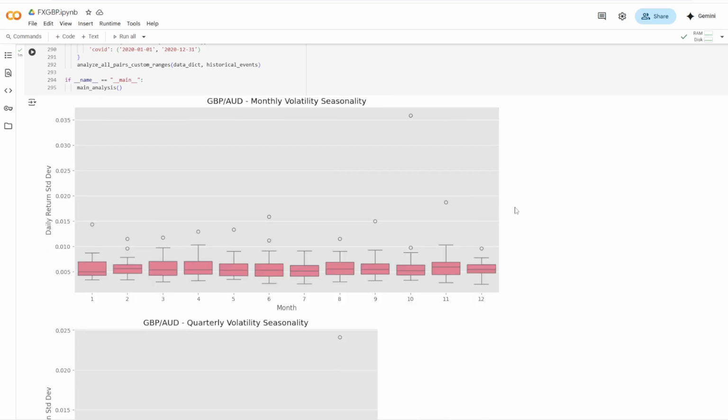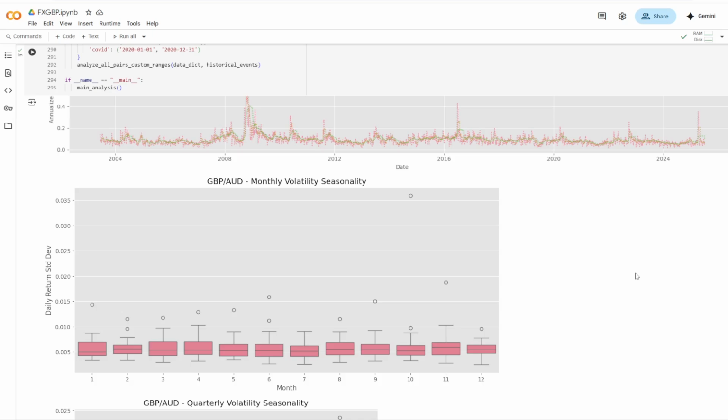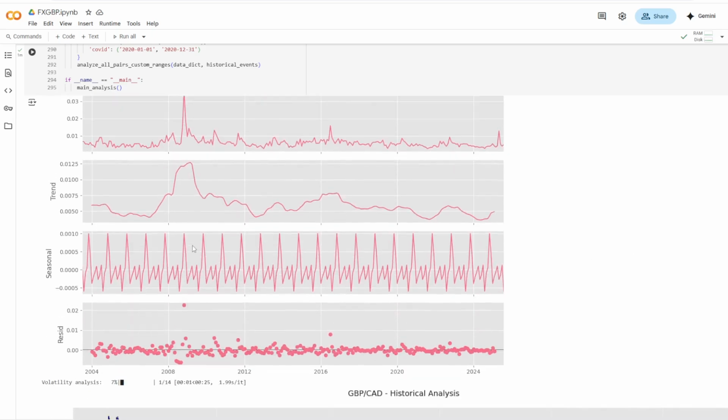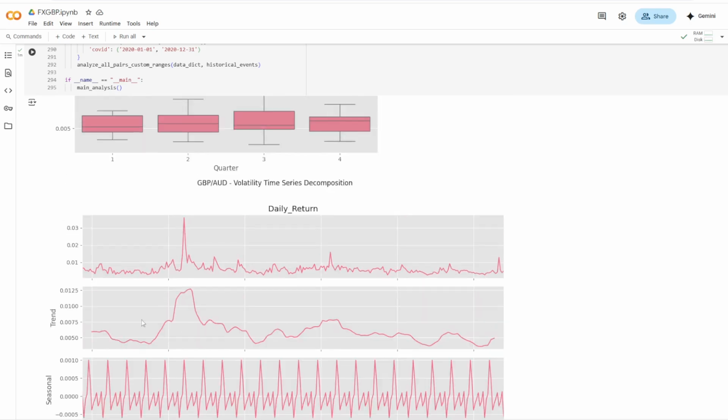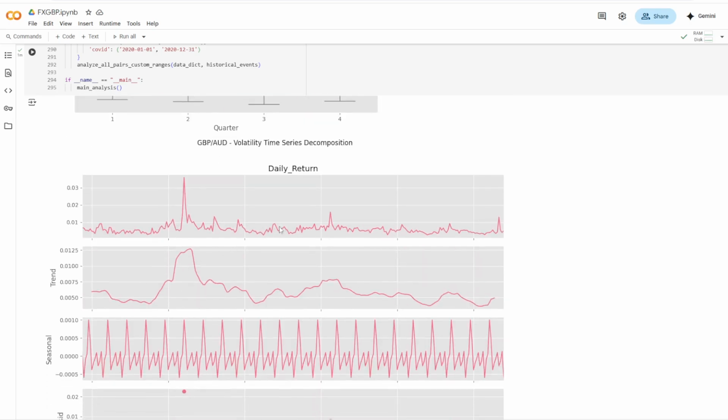Now that's another very interesting function that we can find. We can see the seasonal decomposition of the volatility. It's analyzed in factors, which are the seasonal component, the trend, and the residual, extrapolated from the daily returns.